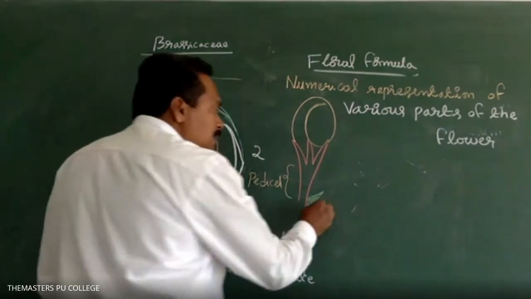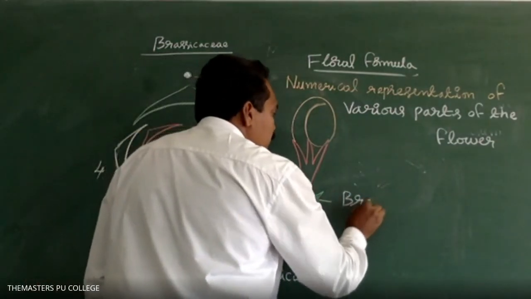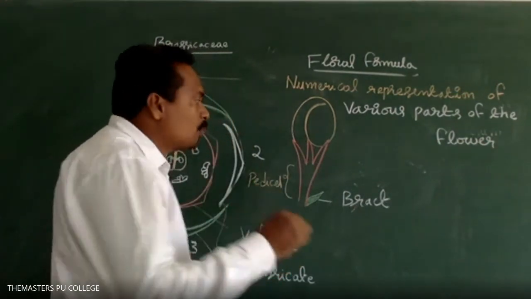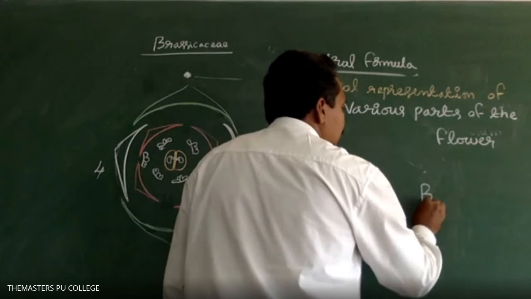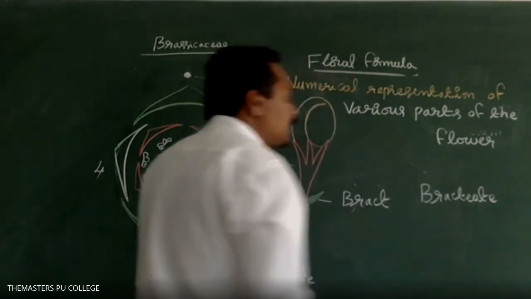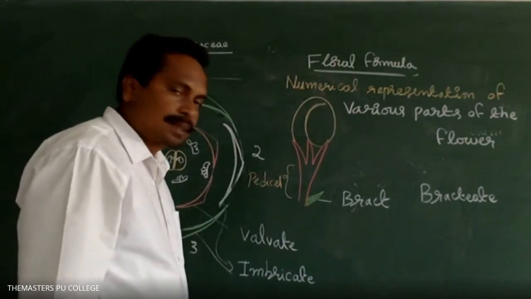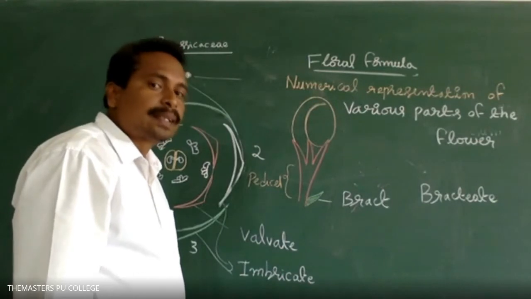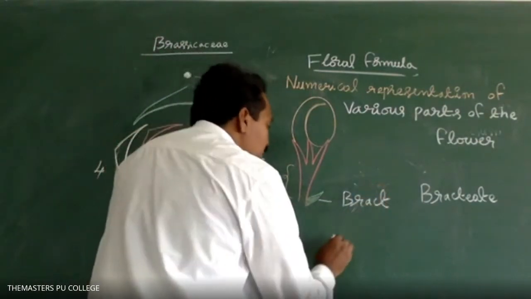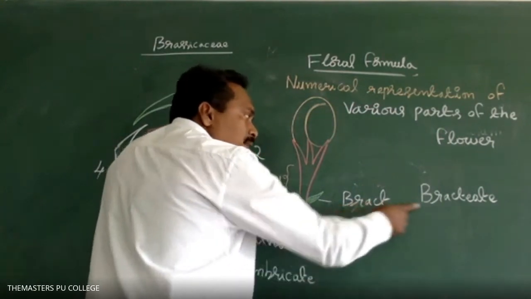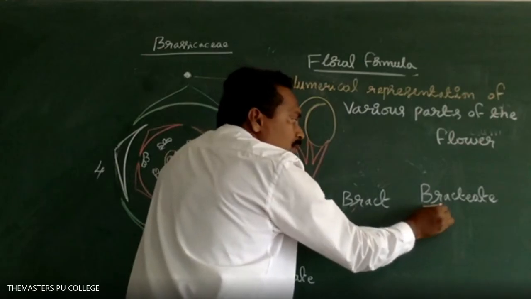If the bract is present in a flower, such a flower is called bracteate. Bracteate flowers are represented as BR. What is the first alphabet in bracteate? B. Second alphabet?